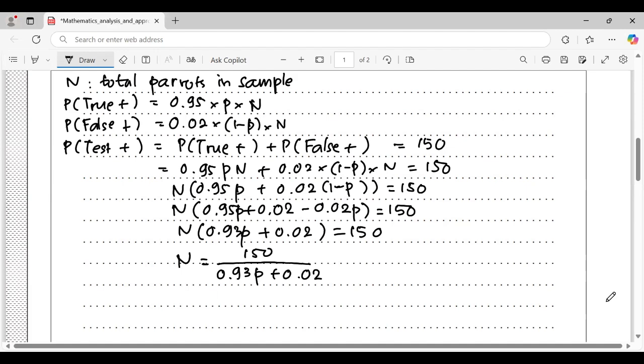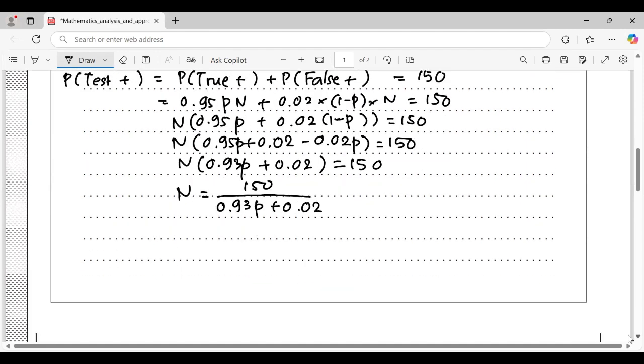From the question, we have information that of the 150 parrots that tested positive, some did not actually have the gene, so these are false positives. So we can state that 0.02 times 1 minus P times N equals 18.